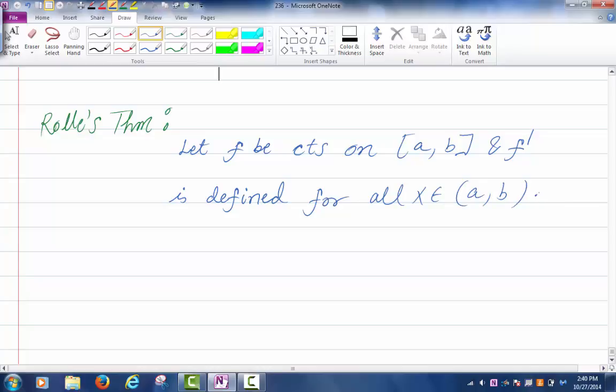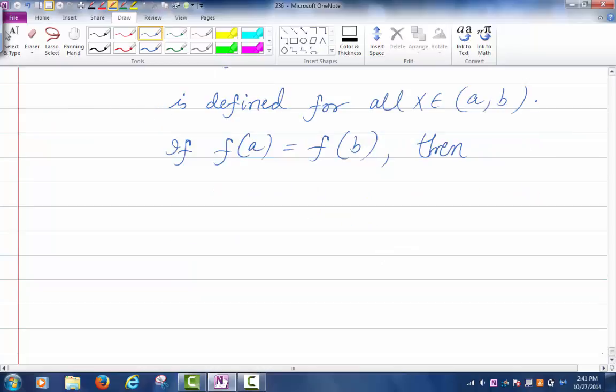So this is what I mean. If f is the position function, derivative means the velocity. So we are saying the velocity is defined everywhere. And if the value of the function at a is the same as the value of the function at b, then the instantaneous rate of the function must have been zero somewhere.